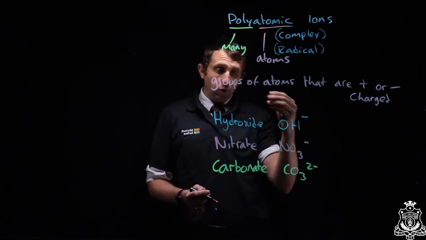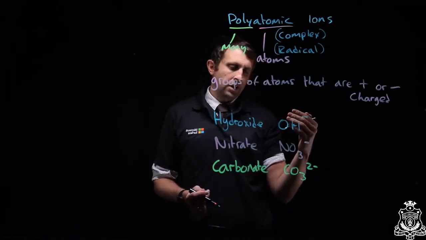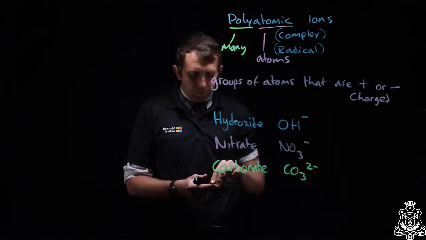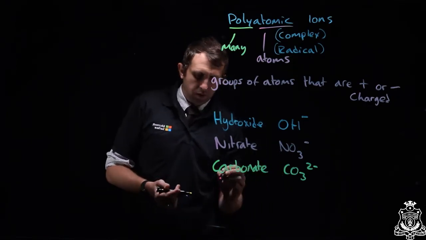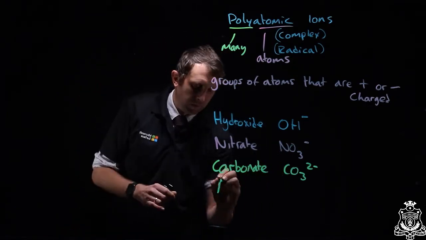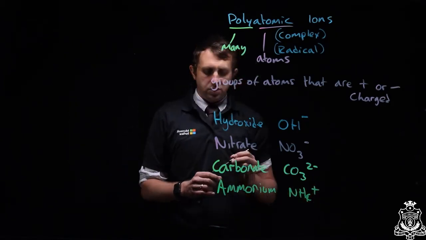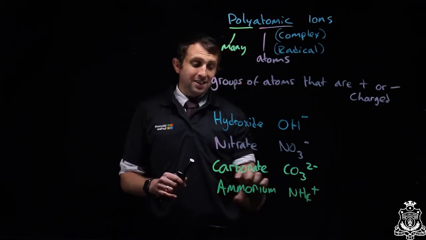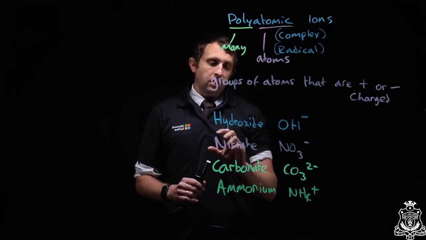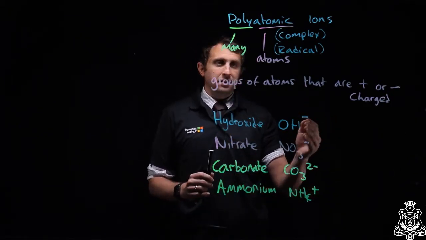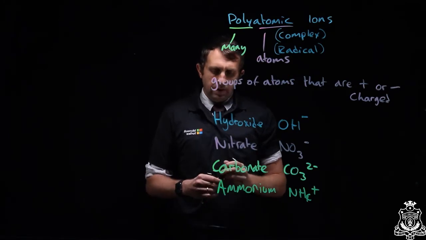There is one positive example, and that's ammonium, which is NH4, and that's positively charged. So that would act as the cation in a reaction. The others are all anions because they are negatively charged, but these are all polyatomic ions.